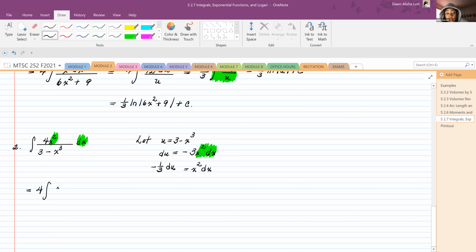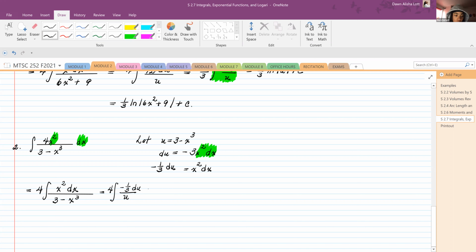Then you will have factor out 4 over u, which is in this case 3 minus x cubed, times negative 1/3 du.